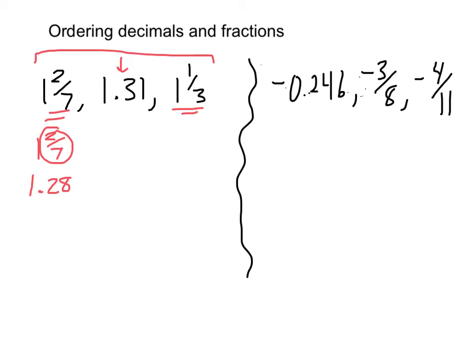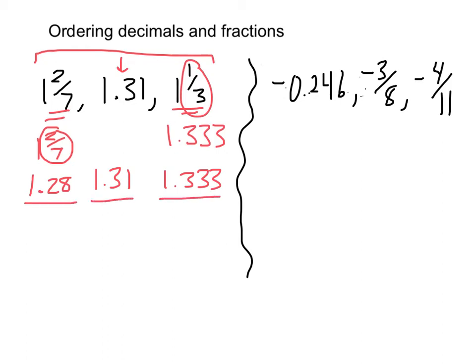And 1.31 is 1.31. And 1 1/3 is going to be 1 point something. And 1/3 is 3 repeating, so we'll give it a couple threes. It's like 1.333. So now I need to compare these three decimals to figure out which one's the smallest.